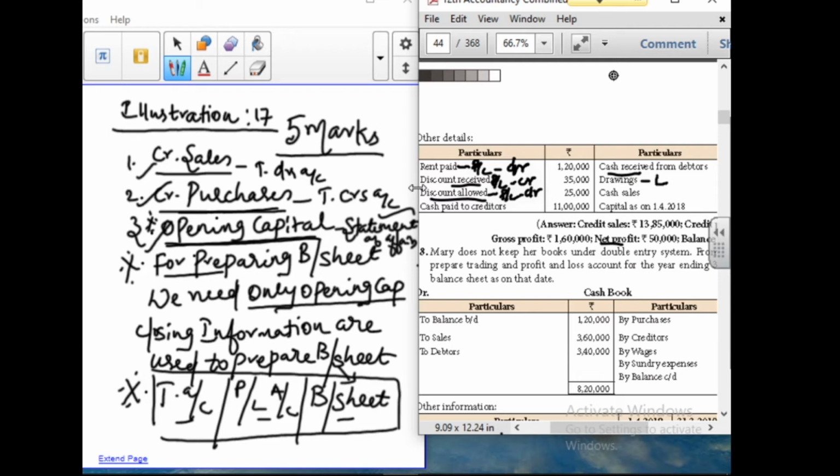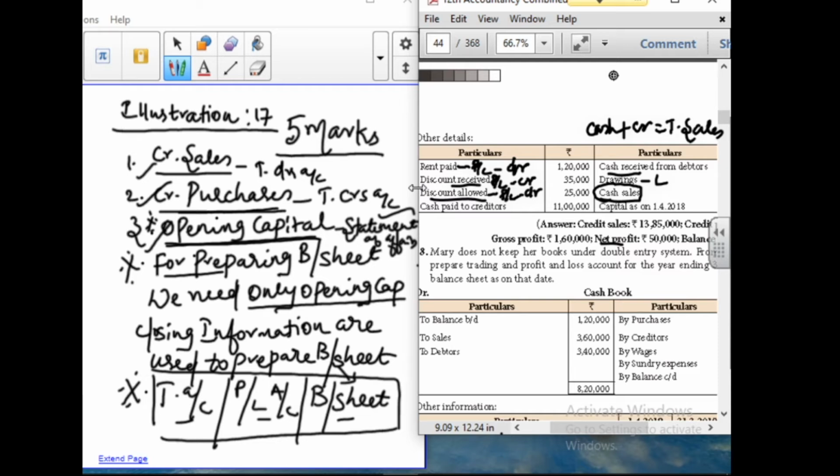Drawings under the liability side. Cash sales they have given. So cash sales cannot be used in the total debtors or total creditors, because total debtors will find only the credit sales, but here cash sales is given. But one information is known, that cash plus credit is equal to total sales.